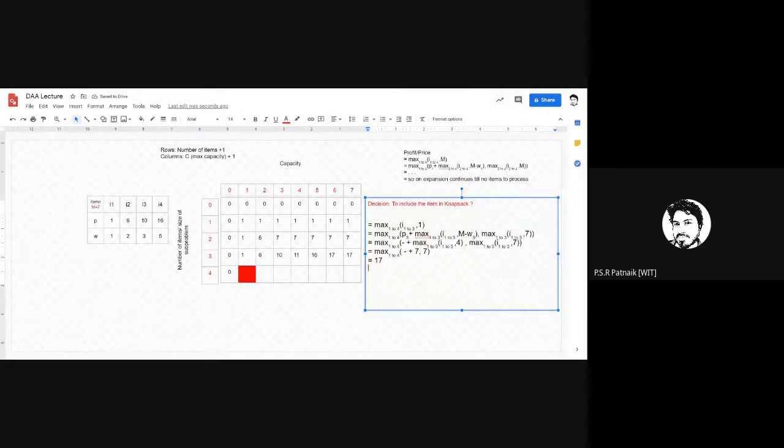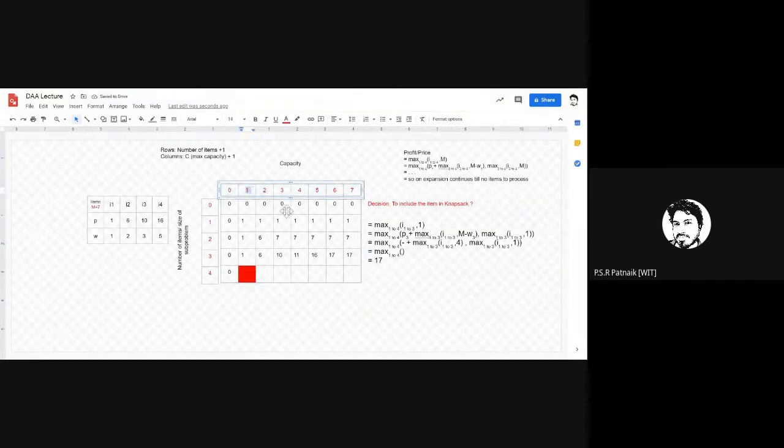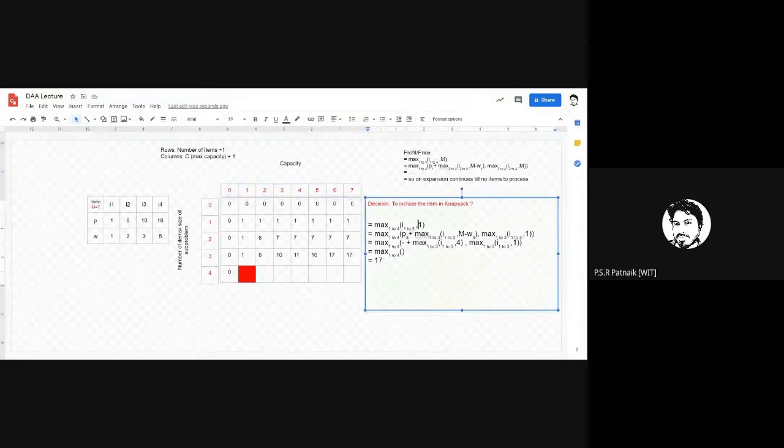This will be ruled out. You cannot include it. So the only thing that remains is the max you get from I1 to 3 when sack capacity is 1. So for the current cell I am solving for, m is 1, P3 plus 1 to 3.